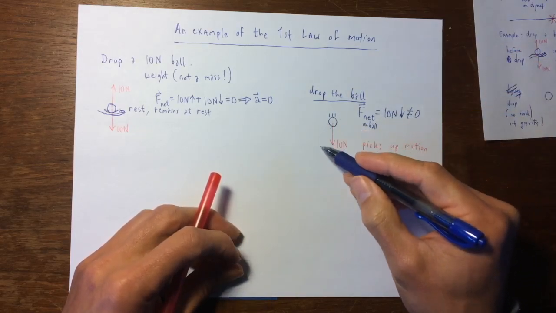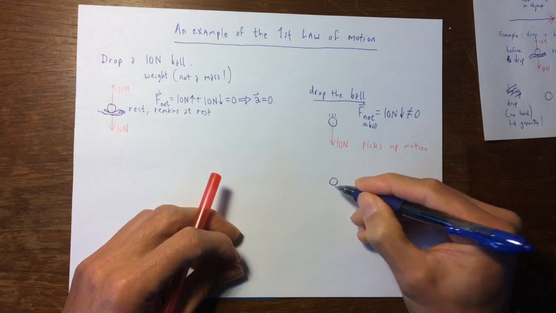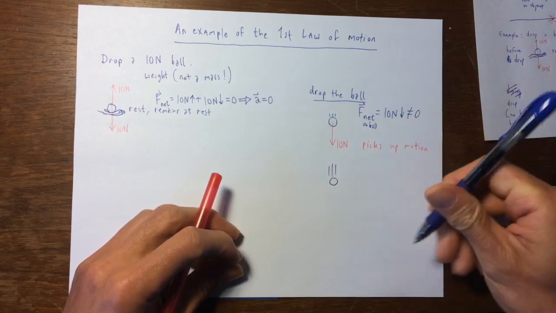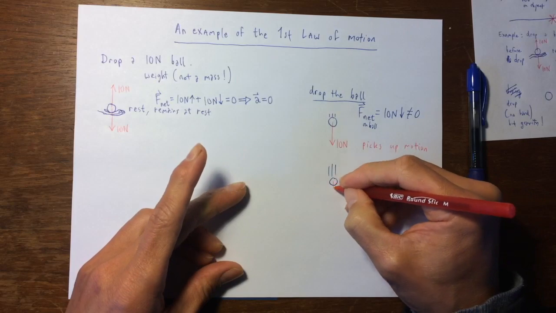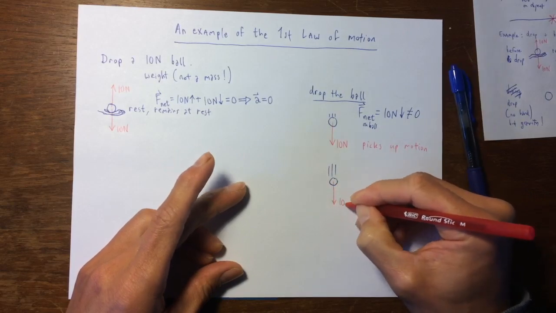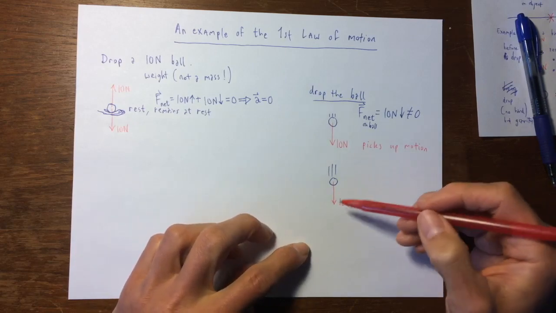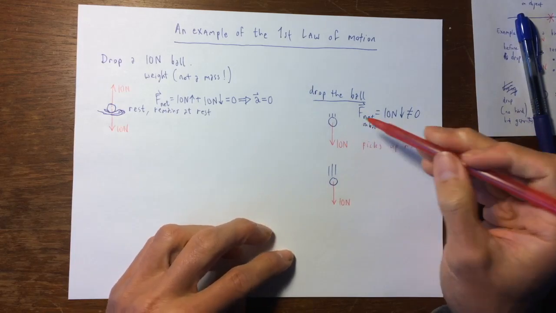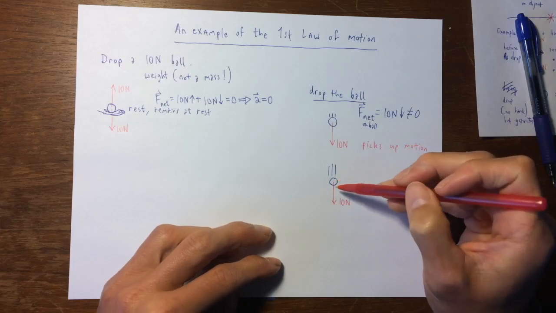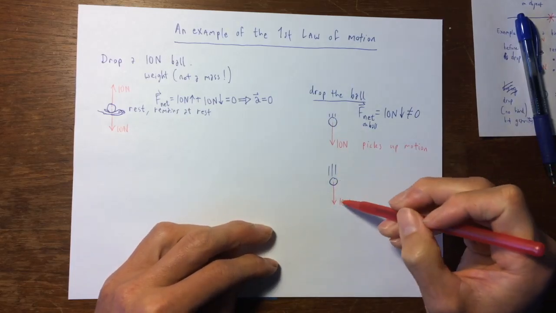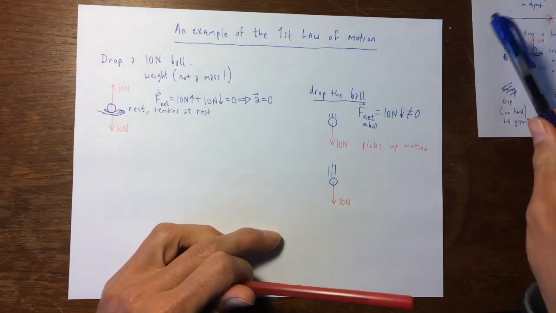But if you check a little bit later in time, it will be moving faster downwards, and this force is still acting on it. That weight force is still acting, and what it's accomplishing is causing the motion of the ball to increase in the direction of the net force.